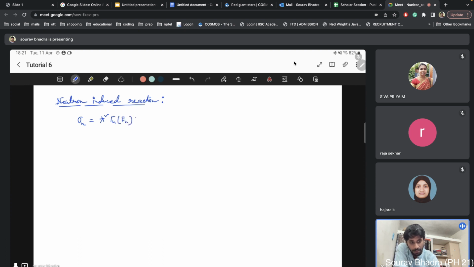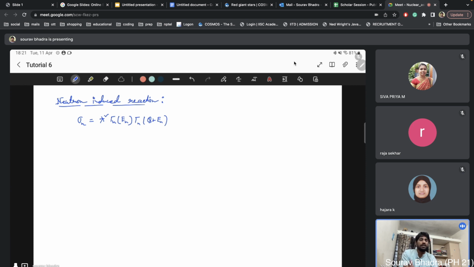What happens here is that a neutron reacts with the element, and that creates an excited state of a compound nucleus. Then that compound nucleus releases a gamma photon and comes to the ground state. So it is a two-step process.